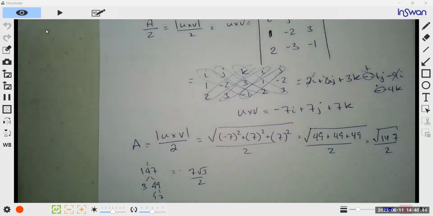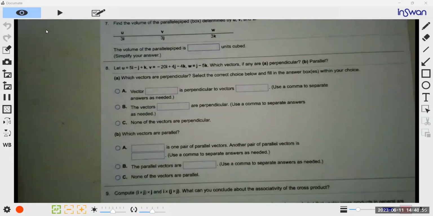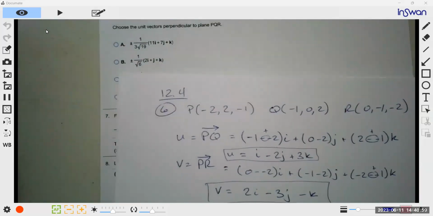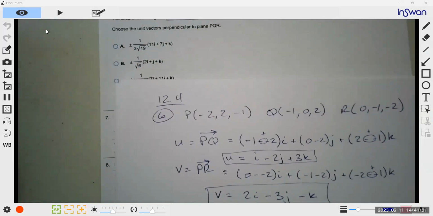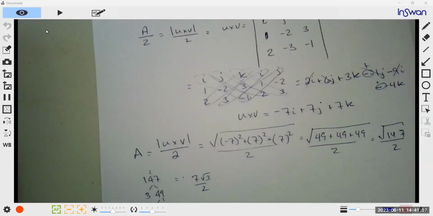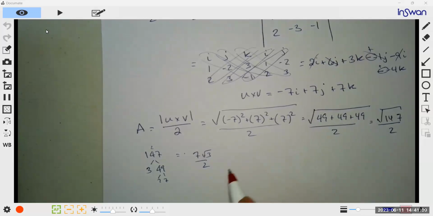So the area is 7^3/2. So that's the area.